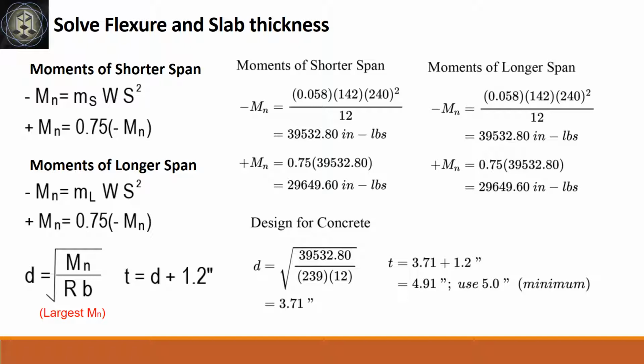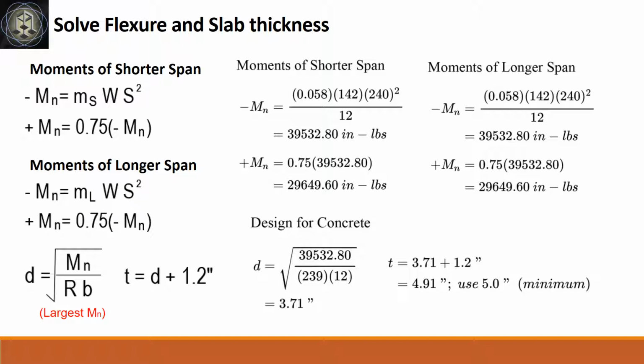At the longer span, we get a negative moment of 39,532.8 inch-pounds and a positive moment of 29,649.6 inch-pounds. Choose the largest moment value to get the effective depth of 3.71 inches.